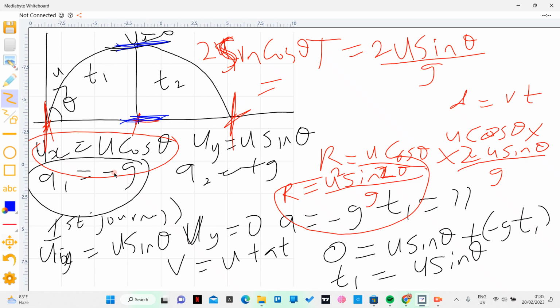The way you can calculate that is by using the vertical component for either the first journey or the second journey. So let's use the first journey to make life easy for ourselves.